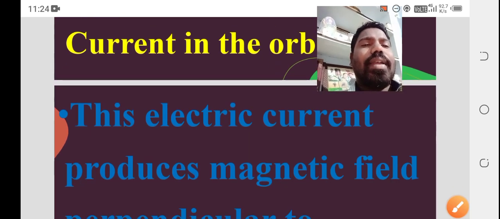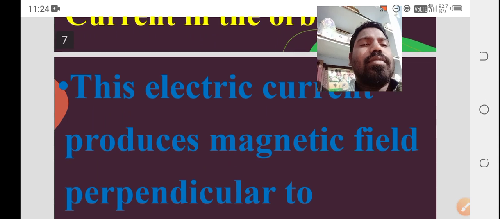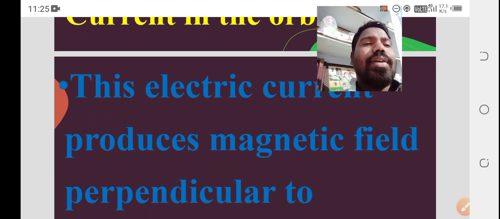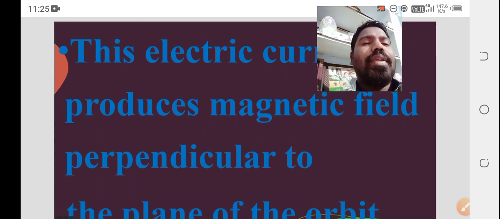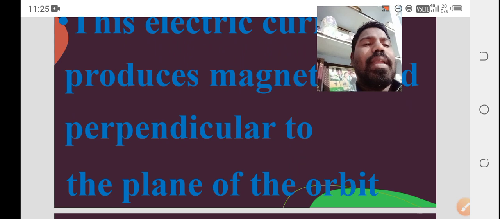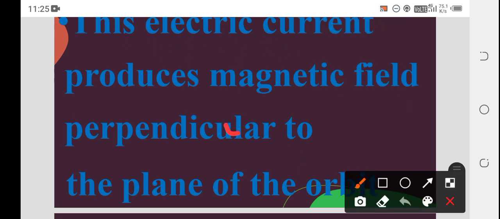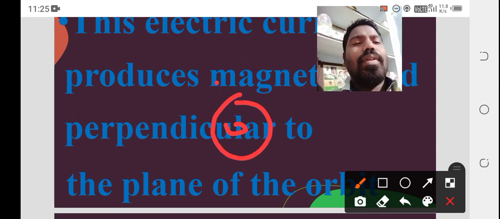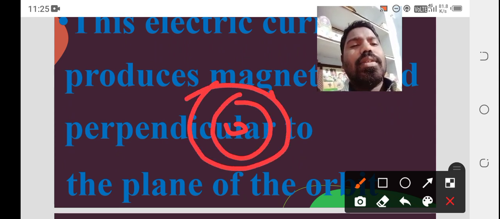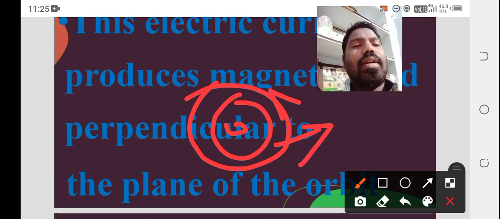This electric current produces a magnetic field perpendicular to the plane of the orbit. So whatever electron is revolving in an orbit constitutes electric current.